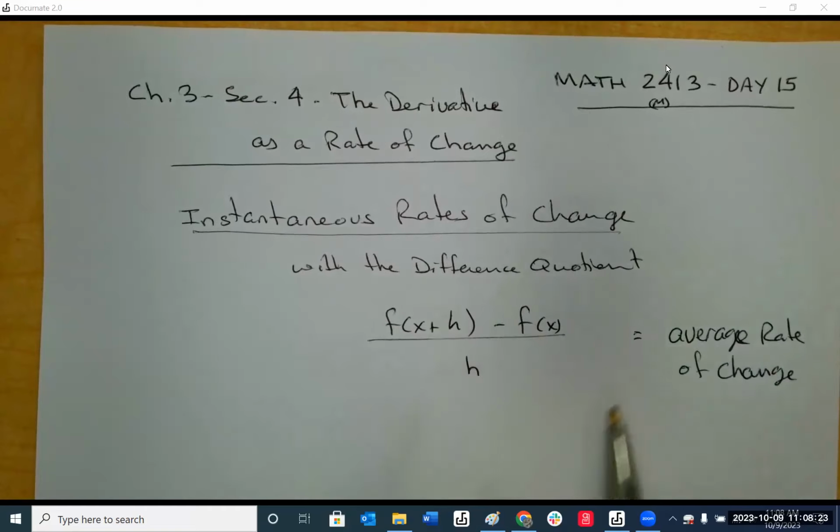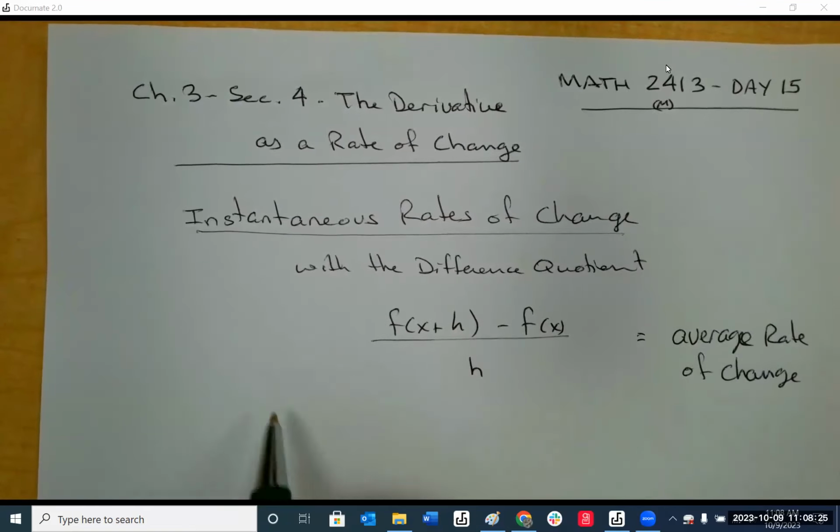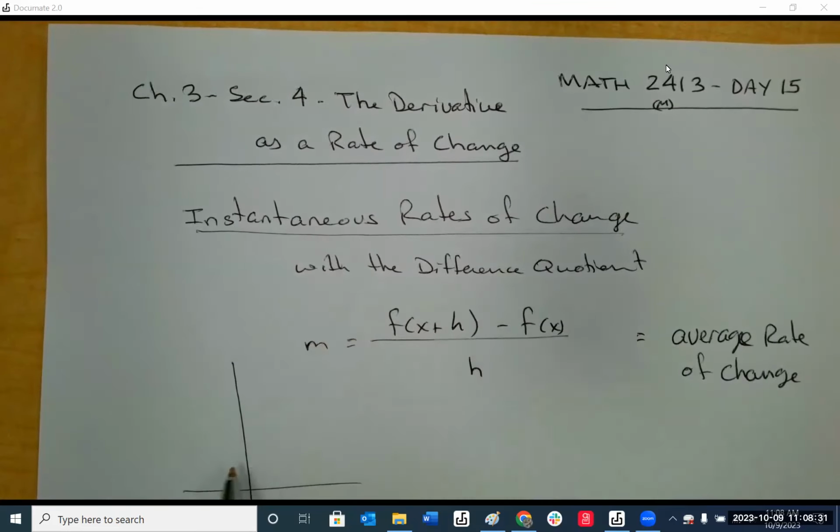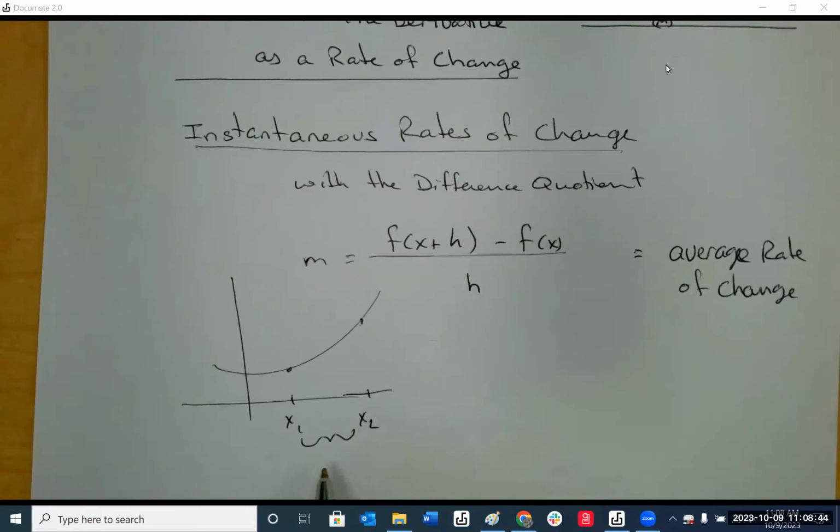But what this represents, remember, all this stuff is actually finding the slope. So what this is looking for is between an x, x1 and x2. This is our distance h. So that's x1 plus h.